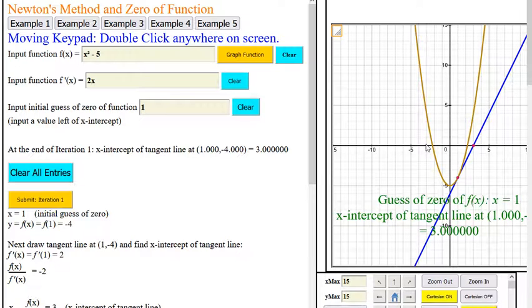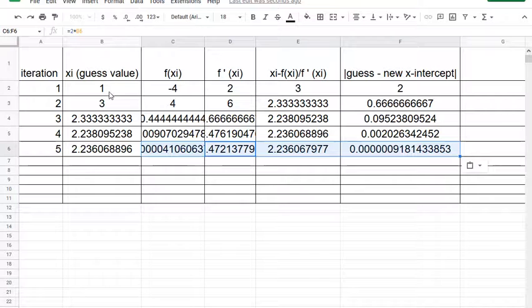So let's pick -3 for the initial guess. So we just go back to the spreadsheet, and right here in our initial guess, we will have -3.